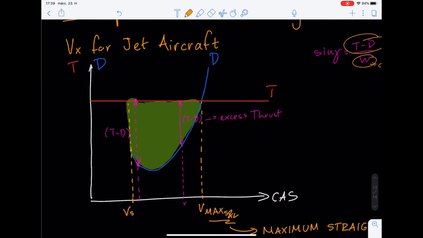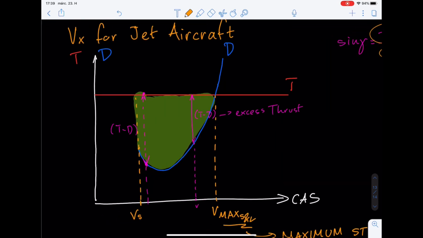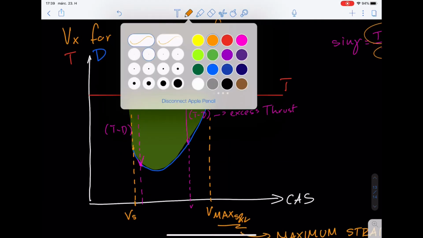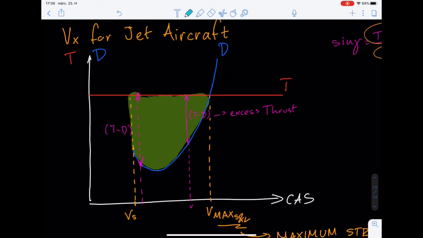So what I'm looking for on this diagram is the place where I can achieve the highest excess thrust. And it's pretty convenient in this case, which is why the jet is so great for these kinds of discussions: because the thrust curve is constant, the biggest difference occurs when your drag is minimum.